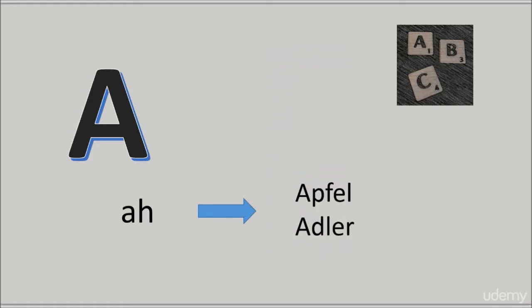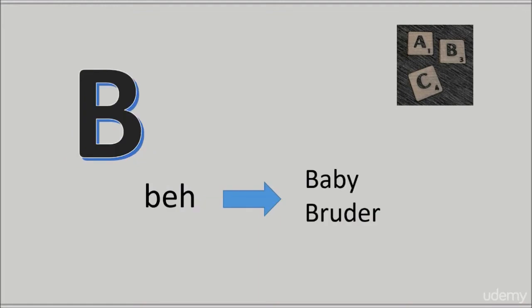The first letter A, and words that begin with A would be Apfel or Adler. B, wie Baby, Bruder.